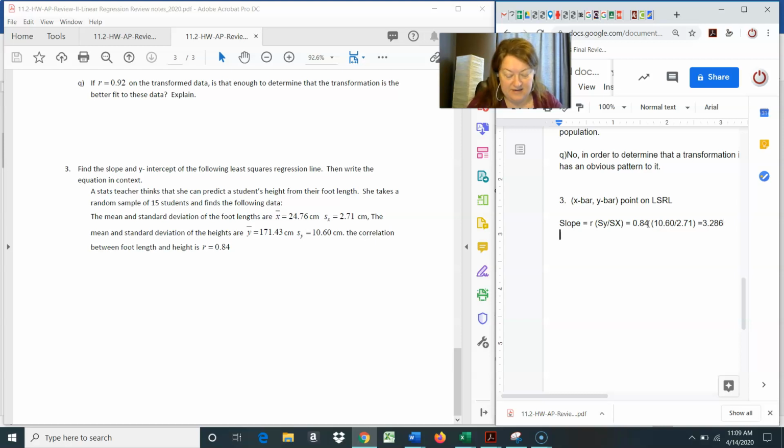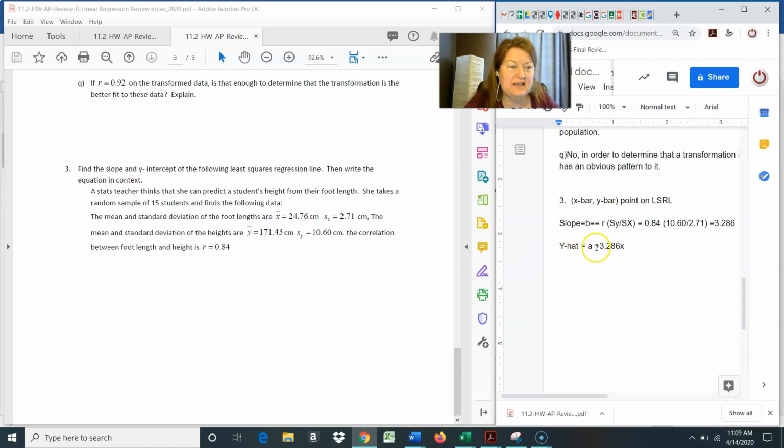Next, I want to plug it in. Remember that our formula is y hat equals a plus bx, so the slope was b, and we just found that this number is 3.286.